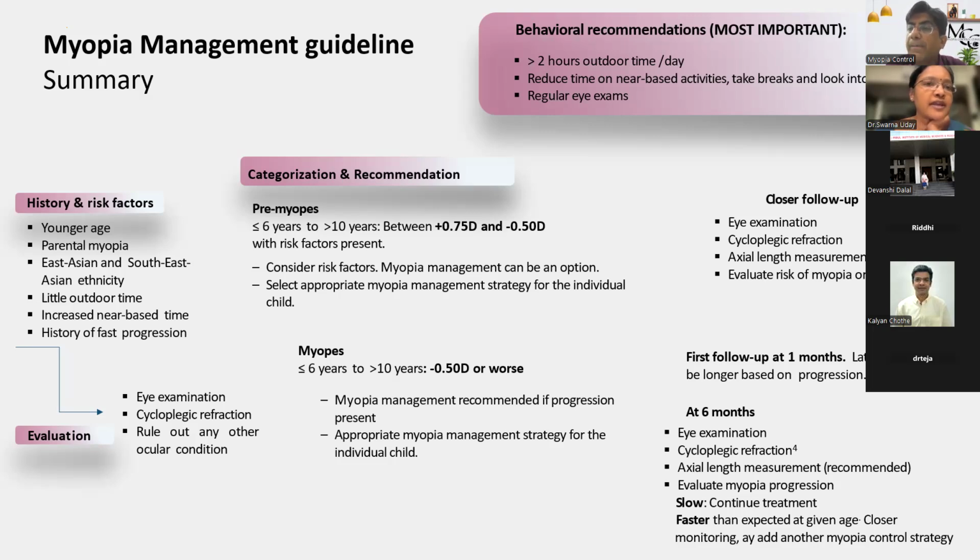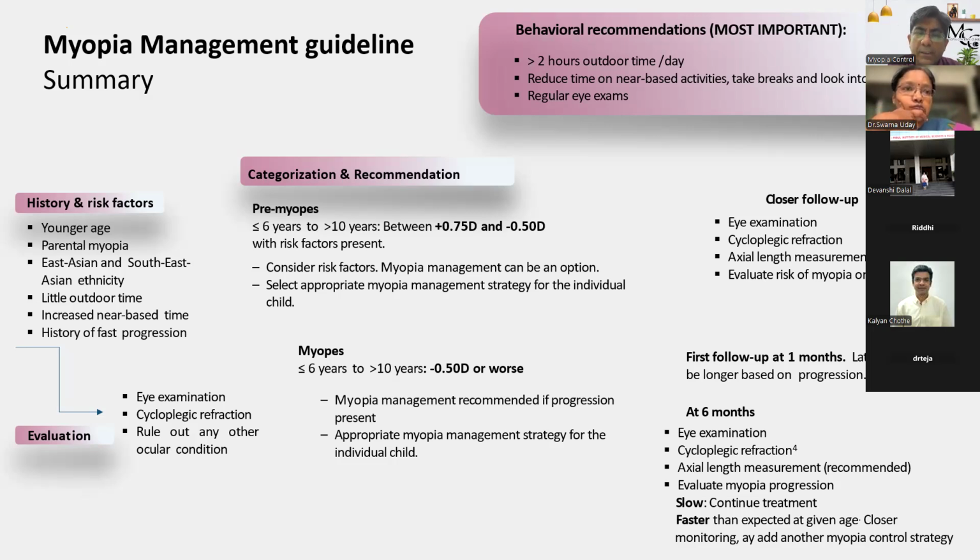Yes, doctor. So how do you categorize fast progression, sir? Anything more than 0.75 diopters per year would be a faster progression. I think there is a good article by Dr. Rohit last month. They came up with atropine 0.05% for fast progressors.